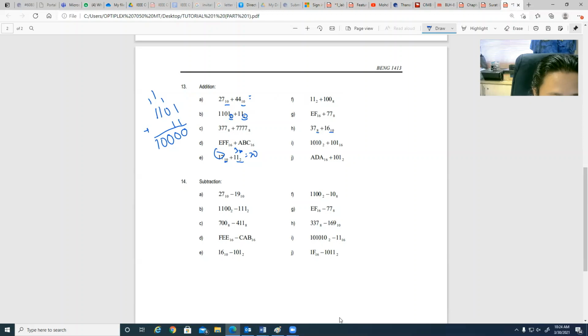Will be 20 in decimal. But in binary, you can convert. Binary to decimal, you can use your calculator, or you can do it manually. 1, 0, 1, 1. Okay, so this is 20. 16 plus 4, so will be 20 in binary. Okay, make sure the base is the same. If the same, you can add directly.